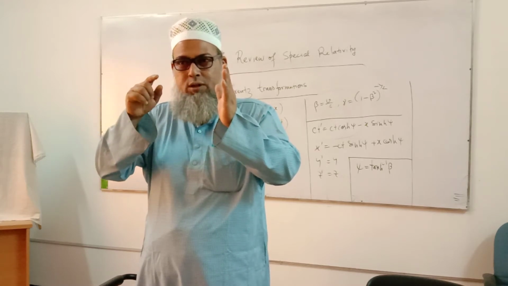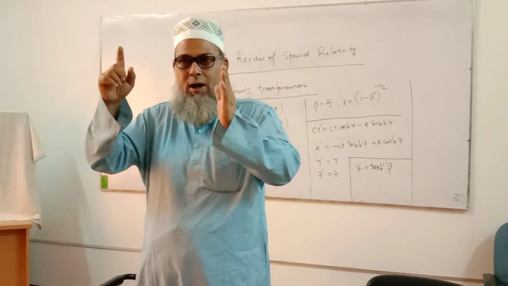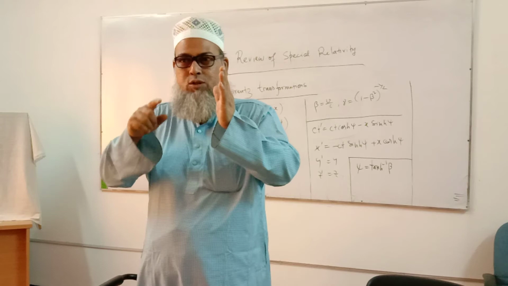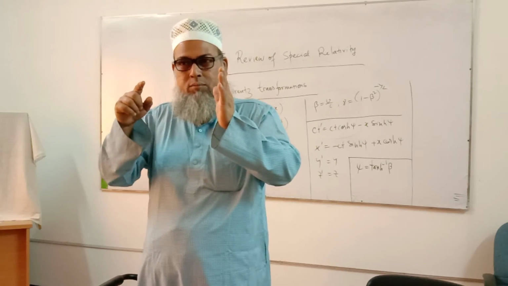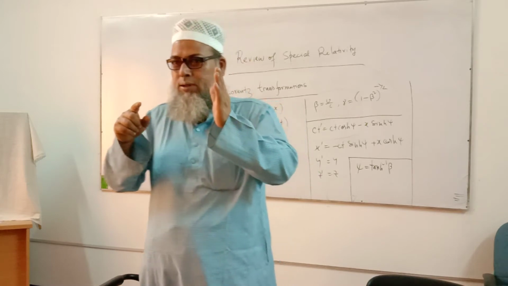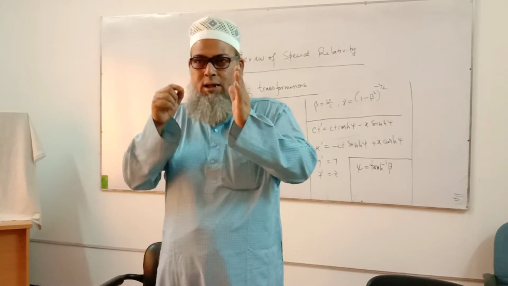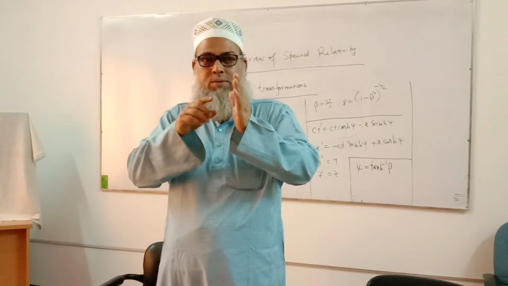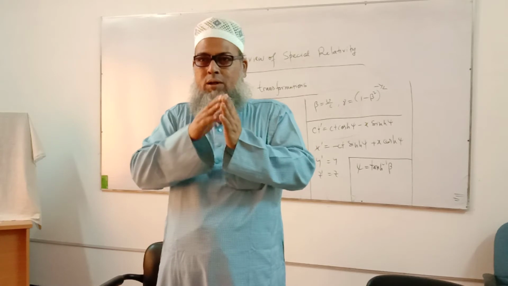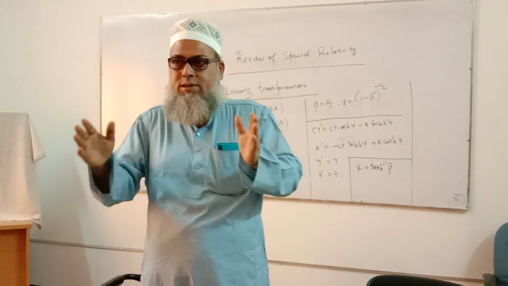If you move the S prime frame along a vector r, then the transformation is called the general Lorentz transformation. And the standard transformation is when the two frames have relative velocity along a single axis. Here we take it as the x-axis.